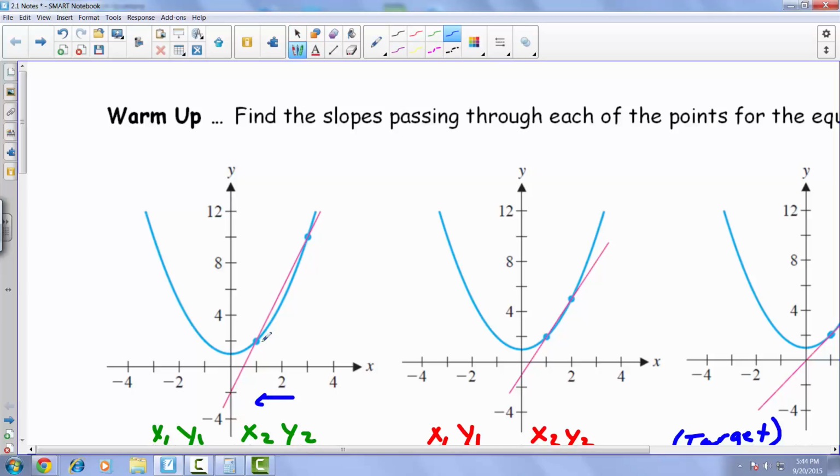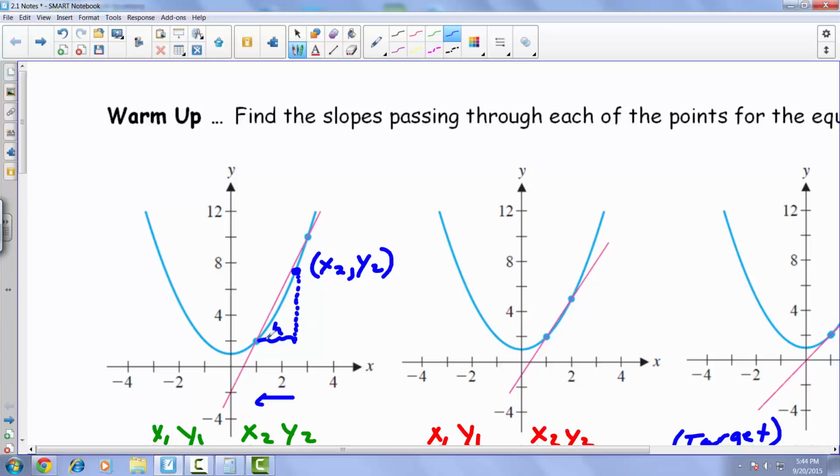We're going to call this distance h, depending on whatever x value we want, and it's also going to give us some y value. So here would just be some x value, we'll call it x2, y2, that we kept finding. But that x has some distance from our target point.